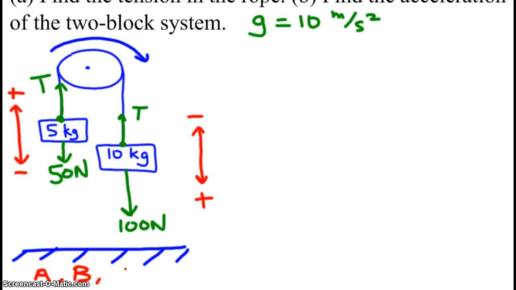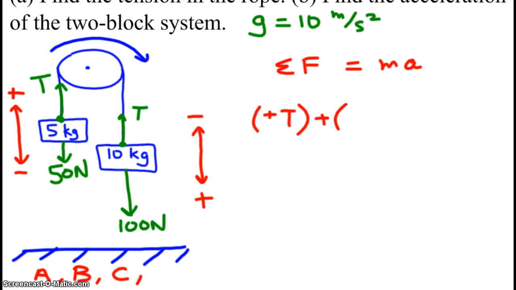Step B is done. Step C, apply Newton's second law to the two blocks. When we look at the 5 kilogram block, there are two forces acting on it: the upward positive force T and the downward negative force of 50 newtons.